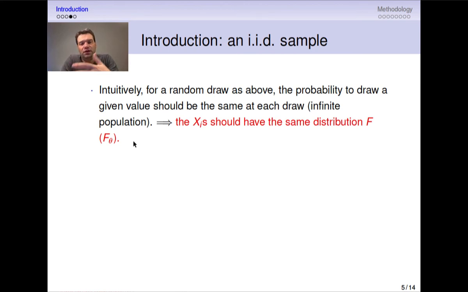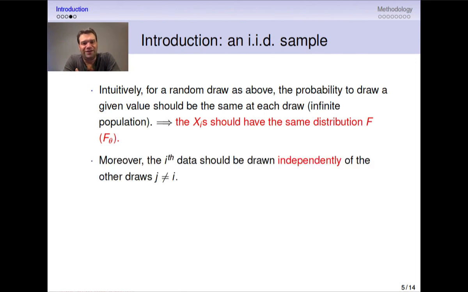Obviously you can understand that this kind of assumption is really important for calculations. Since our objective in the previous video was to compute the distribution of xn bar, we can easily understand that it's easier to compute the distribution of xn bar if all the xi's inside this sum have the same distribution.